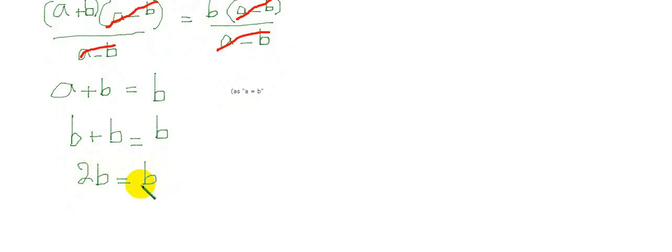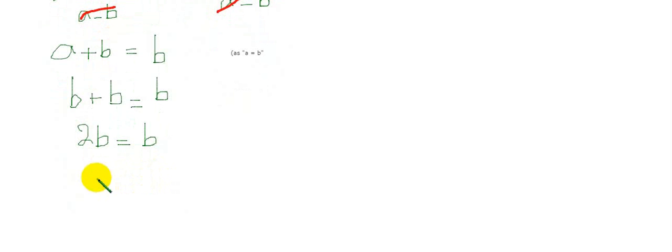Equals B. Now two sides have the same variable, which is B, so I will divide both sides by B, and then these two are cancelled, leaving one behind, and these two are also cancelled, leaving one behind.